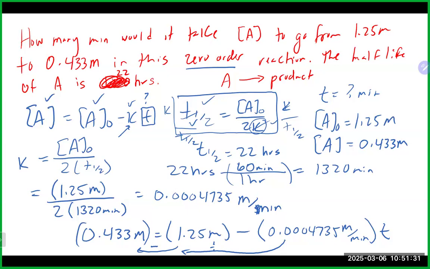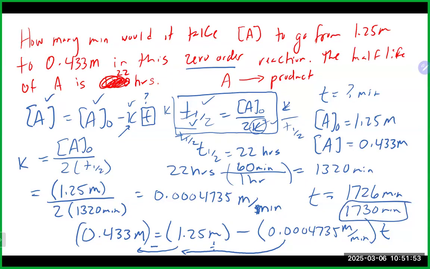And the negative as well is important. And if you do all that, your time will end up being about 1,726 minutes in this case, and maybe 3 sig figs everywhere-ish. So we'll go 1730. Could even probably go 2, but we won't go that far.